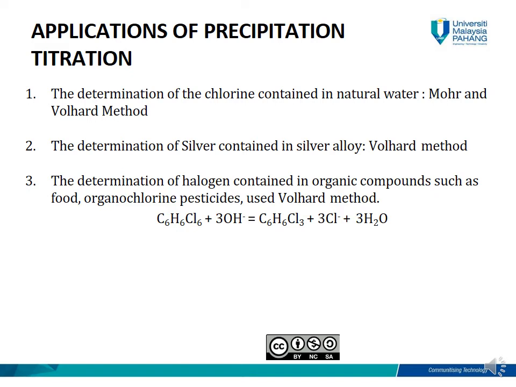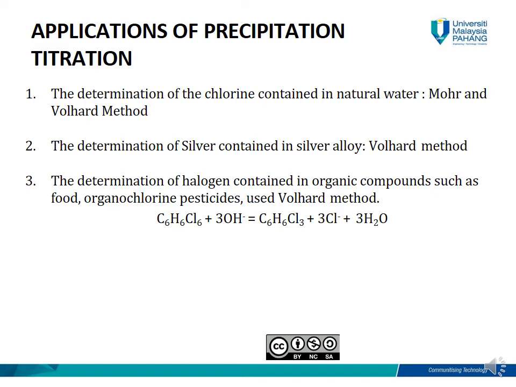For example, the first one is determination of chloride content in natural water. This process requires the Mohr and Volhard methods. The second example is determination of silver content in silver alloy, which uses the Volhard method.